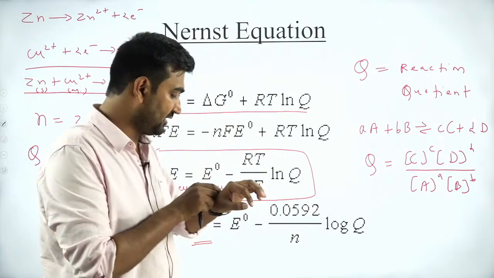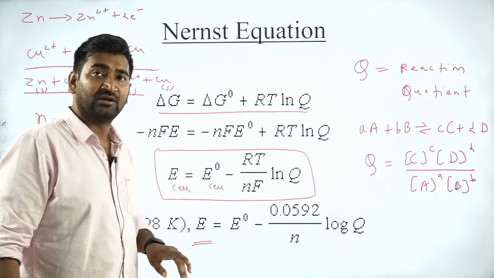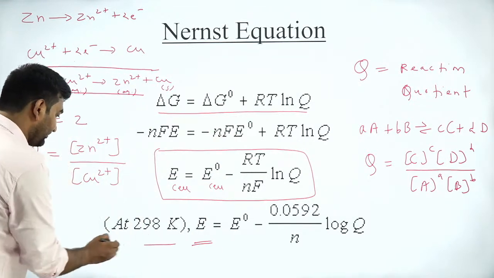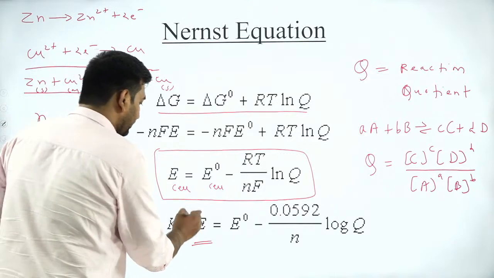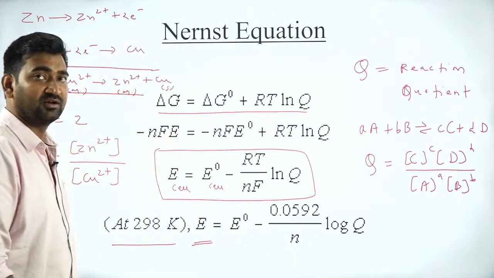By multiplying by 2.303. So after substituting all the values at 298 Kelvin, the E cell is equal to E naught cell minus 0.059 by n log Q.